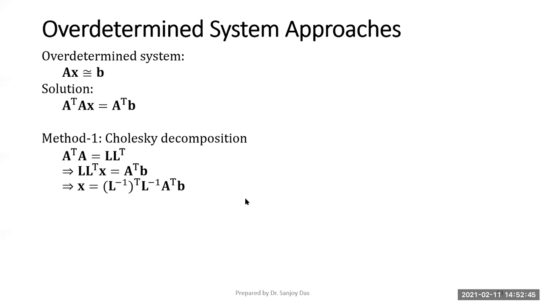And it can be solved pretty easily using the back substitution algorithm. Remember, I told you that inverting a lower triangular or upper triangular matrix requires an algorithm of not much computational complexity in comparison to inverting any other square matrix. So X equals L inverse transpose L inverse A transpose B. Finding the inverse of L is not that hard.